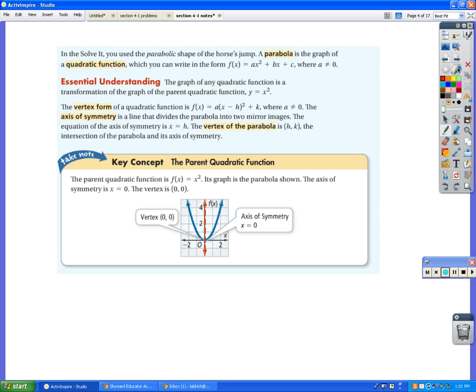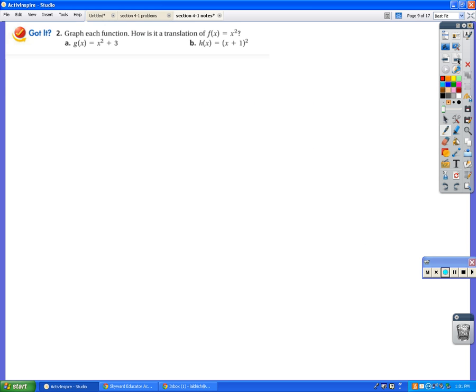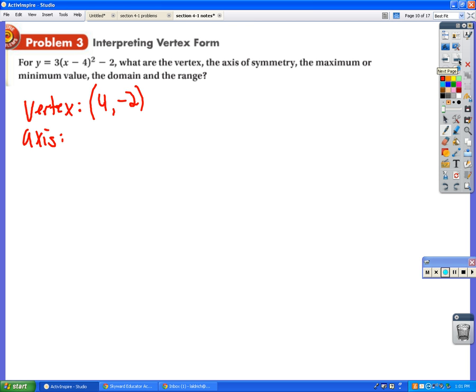The number it will equal is the x-coordinate of the vertex, because that's where the axis of symmetry will pass through. So once you know that the vertex is at (4, -2), it is an easy step to figure out that the axis of symmetry is at what? Right, so you would write x equals 4, because technically that's a line, so we need x equals 4, not just 4, okay?